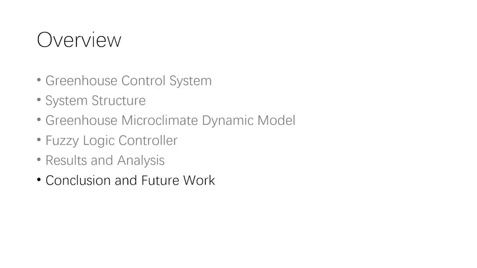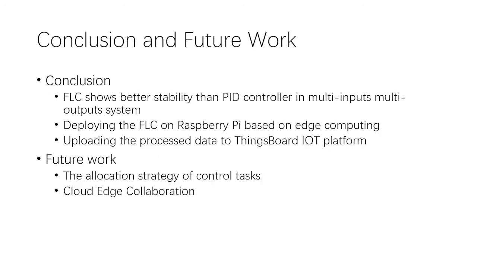And finally, I will show you the conclusion and future work of our research. First, in a greenhouse system with multiple inputs and multiple outputs, the FLC is more stable for temperature control than the PID controller, because the PID controller needs to completely decouple the relationships between environmental variables.